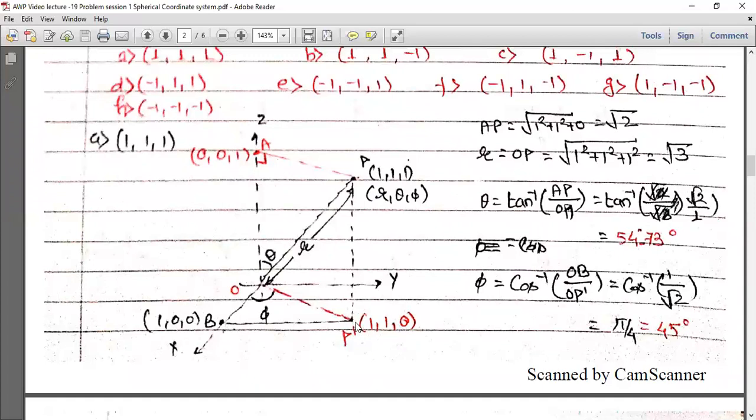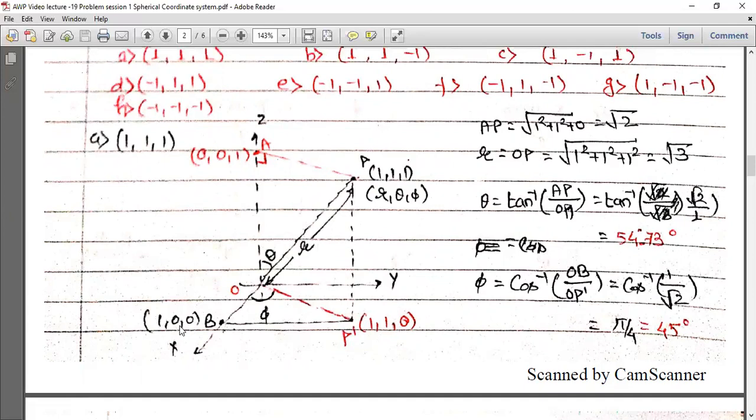Again, we find the projection of P dash on the x-axis. What we have to do is find the angle phi. Angle phi is the angle between OP dash and the x-axis. To find this angle phi, we draw the projection of point P dash on the x-axis, which will be the point B. For finding the projection of P dash on the x-axis, as I have already explained, only the x coordinate will be non-zero, and the remaining y and z coordinates will be 0.